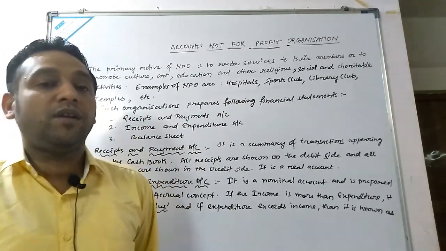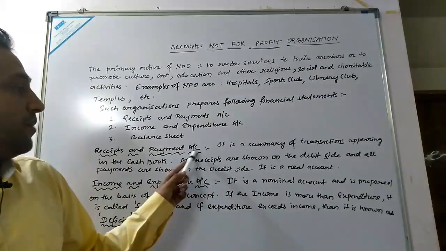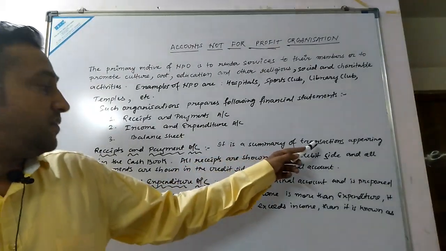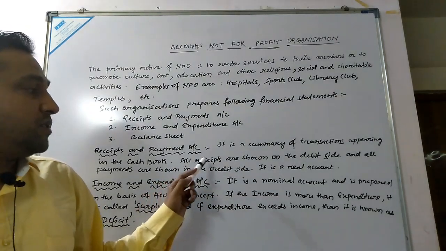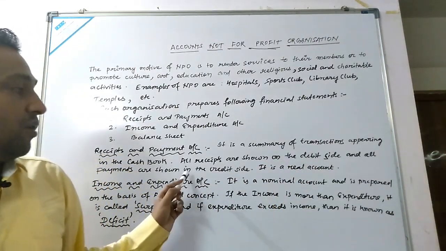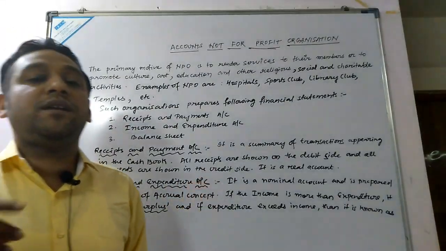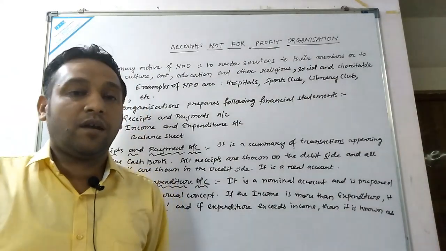Now the question comes, what do you mean by receipt and payment account? We can say that the receipt and payment account is a summary of transactions appearing in the cash book. That means all receipts are shown on the debit side and all payments are shown on the credit side. So it is just like the cash book. It is based on the cash basis of accounting.